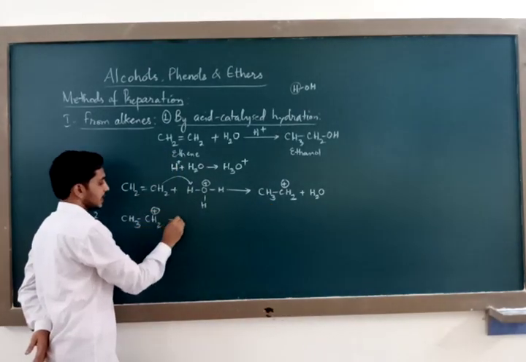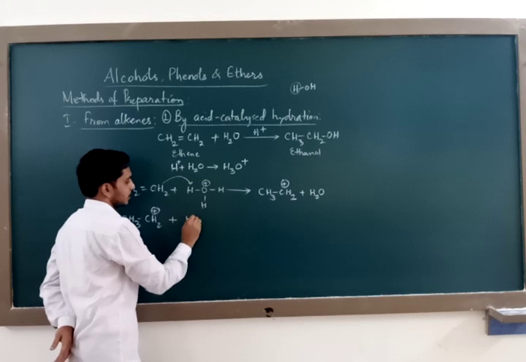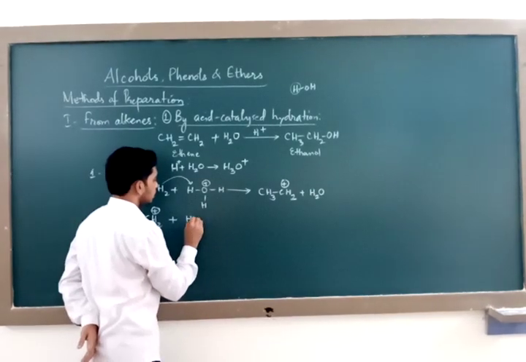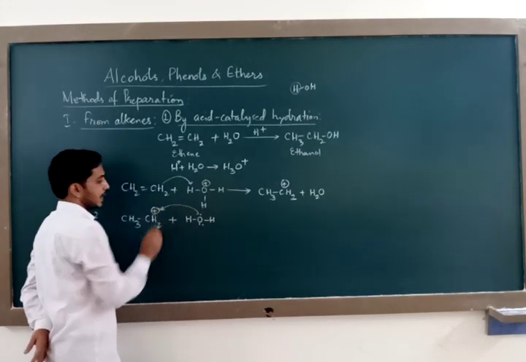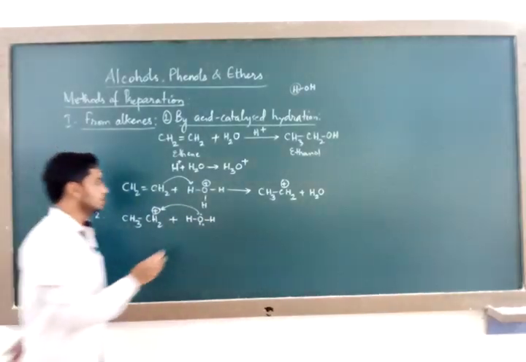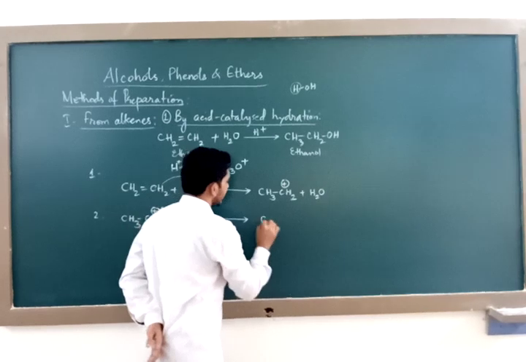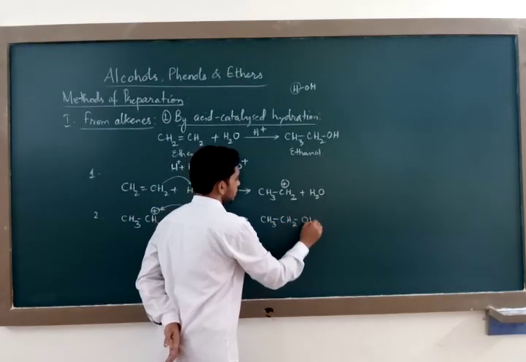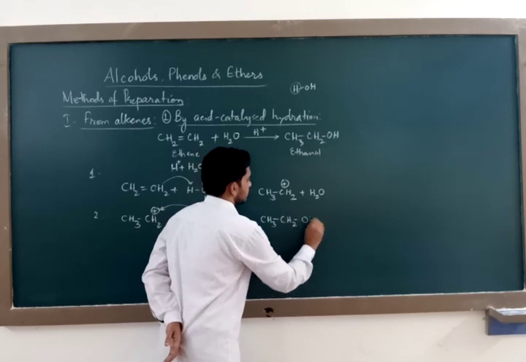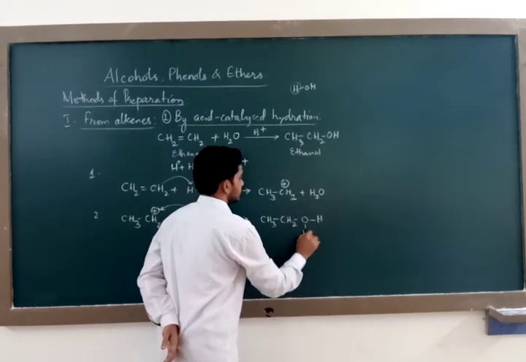These two will again react with each other. H2O, HOH. So, when water attacks on ethyl carbocation, this becomes a protonated alcohol, that is CH3CH2OH2+.